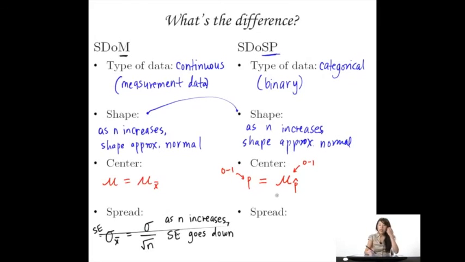All right. Now let's talk about the spread in the SDOSP. Here, remember, again, just like here, we didn't have a population mean. We don't have a population standard deviation. There's no sort of variability there, right? And so instead, we use a different formula. So first, let's talk about variance here.